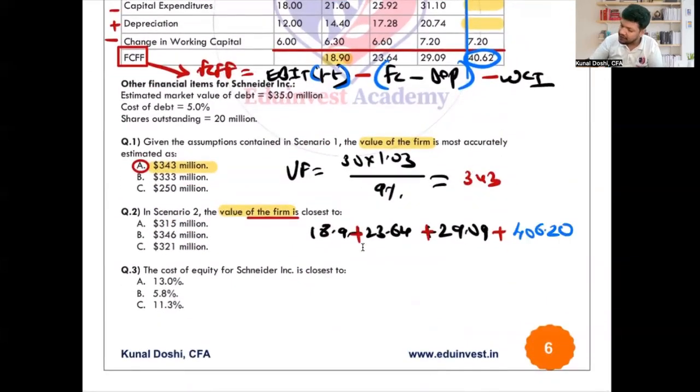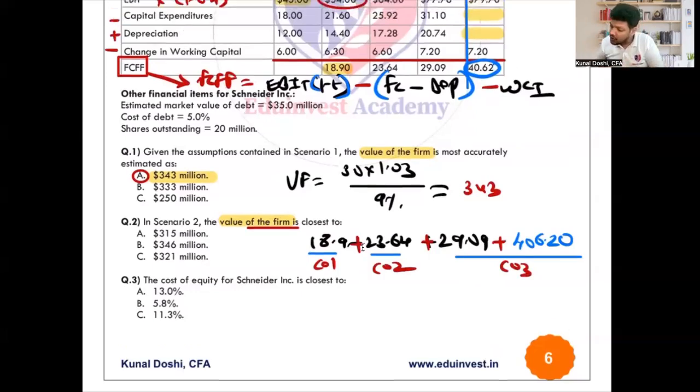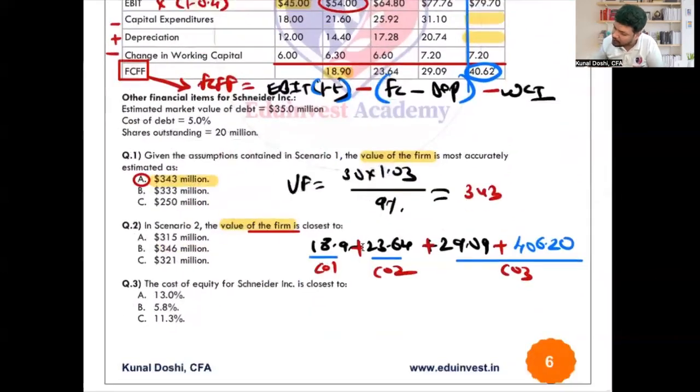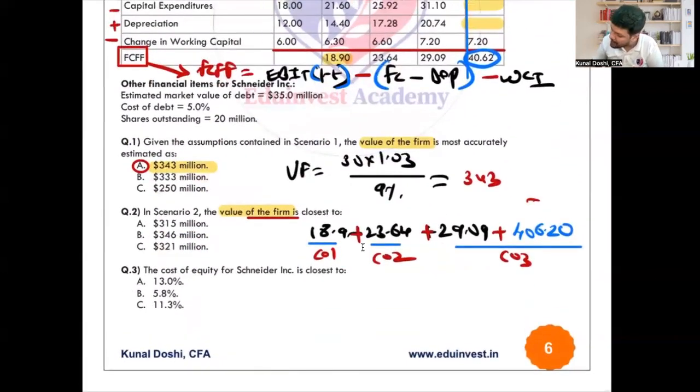Correct? This will be your C01, C02, C03. You will combine both, and discount to the present value using the WACC, which is 12%. So you will do I/Y 12 and you should get the answer.